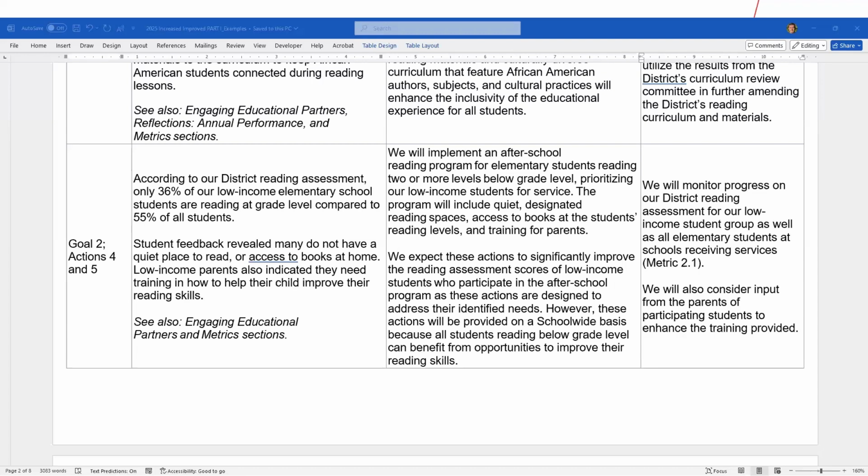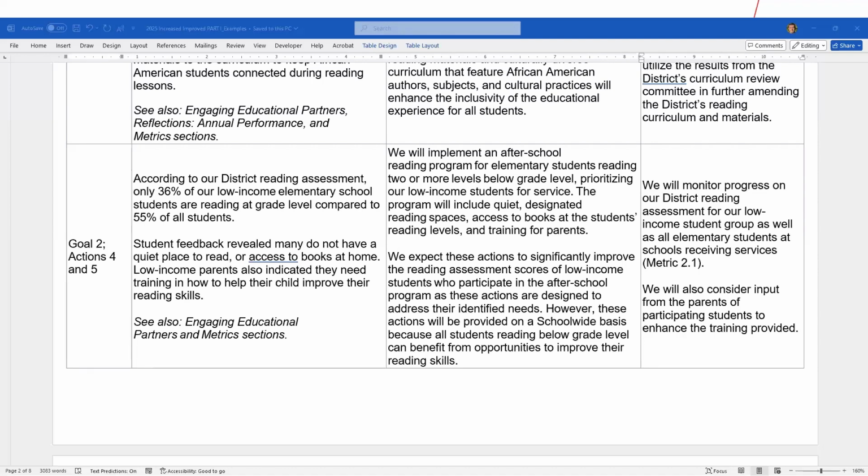The next column, what actions are going to address these needs? We will implement an after-school reading program for elementary students reading two or more levels below grade level, prioritizing our low-income students for service. The programs will include quiet, designated reading spaces, access to books at the students' reading levels, and training for parents.